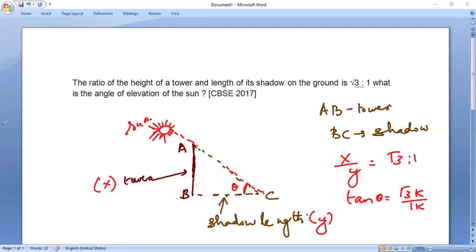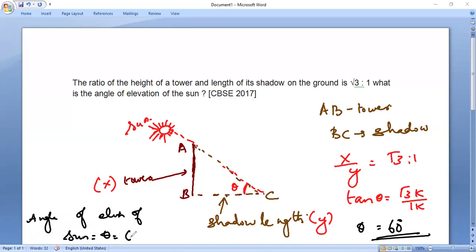So k gets cancelled, so θ is equal to 60. Right? So that is the angle of elevation of the sun.